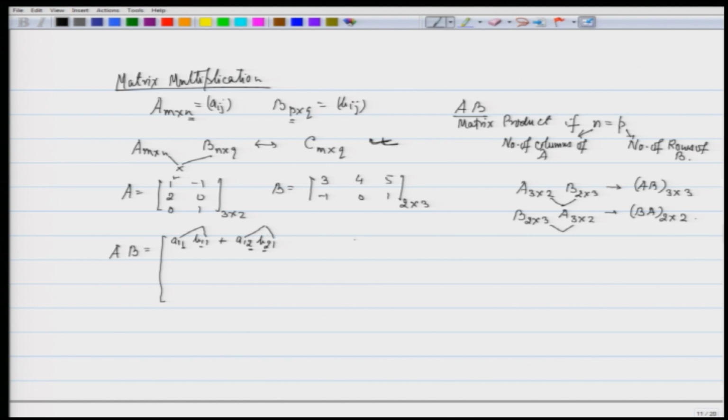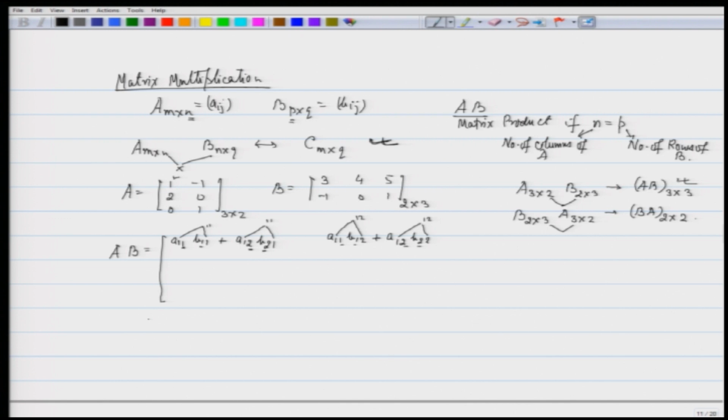The next entry, in this 3 cross 3 matrix, is the 1 2 entry. For the 1 2 entry I need to look at A11 into B12 plus A12 into B22. Again observe that these 2 cancel out, and this one and this 2 give me the 1 2 entry.